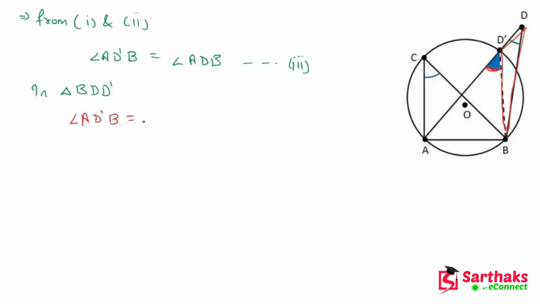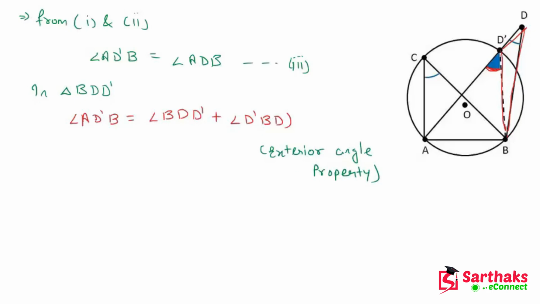So it is equal to angle BDD dash plus angle D dash BD, by the exterior angle property.